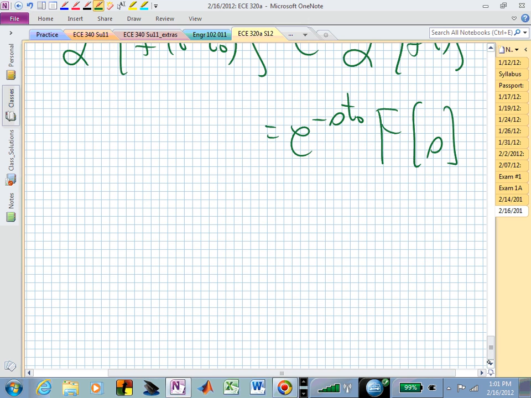Let's look at two very powerful properties that the Laplace transform enjoys.